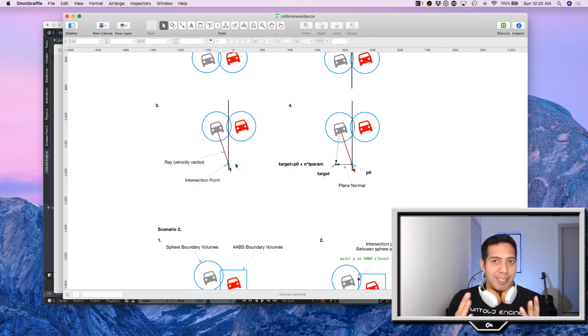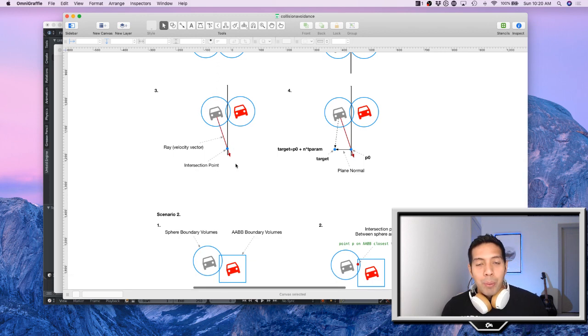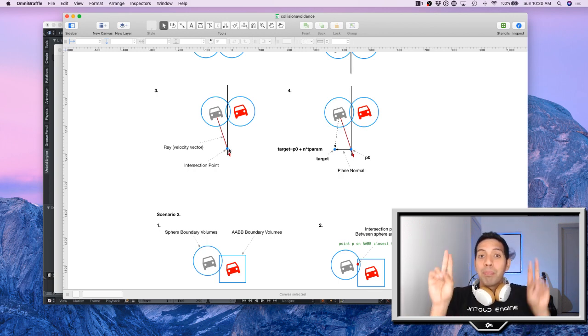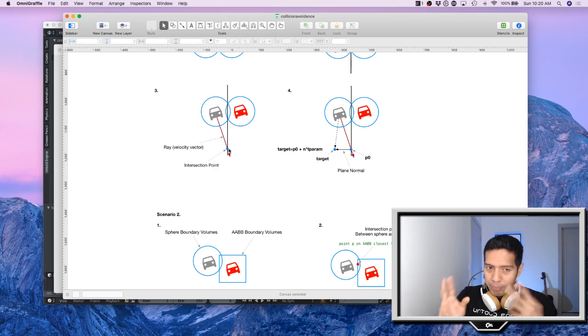Now here's the cool stuff. I want to steer these two characters away from each other, right? So number one, I assign this intersection point as my initial position, just for the heck of it.